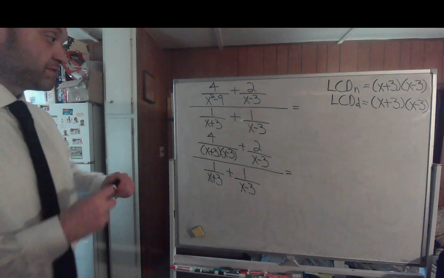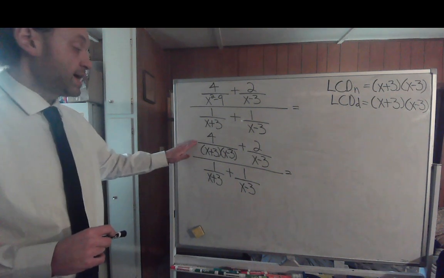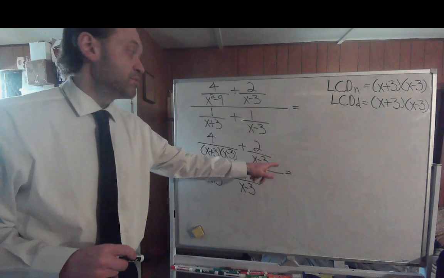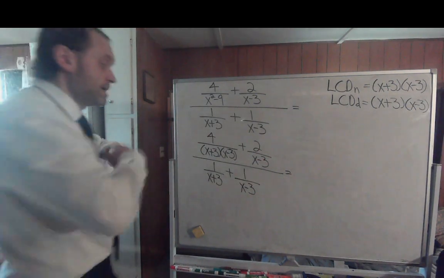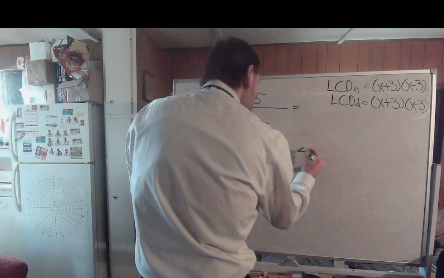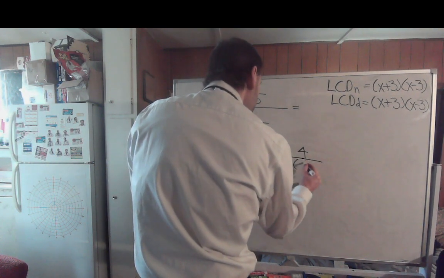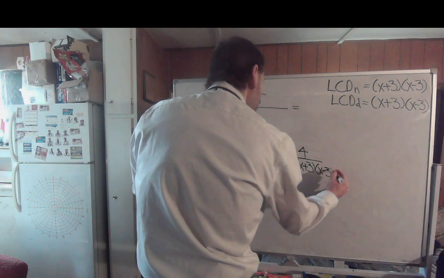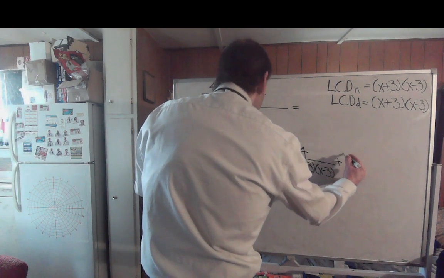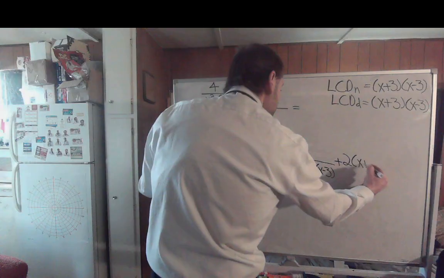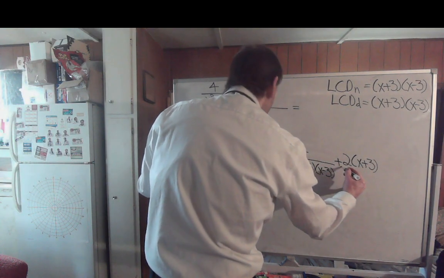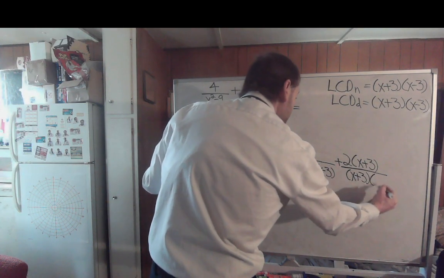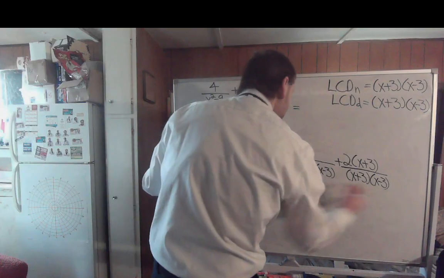Well, notice the first term of the numerator already has your least common denominator, but your second term you'd need to multiply both numerator and denominator by x plus 3. So this will turn into 4 over x plus 3 times x minus 3 plus 2 times the quantity of x plus 3 all over x plus 3 times x minus 3.